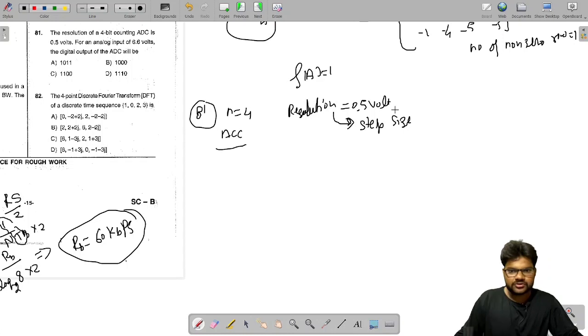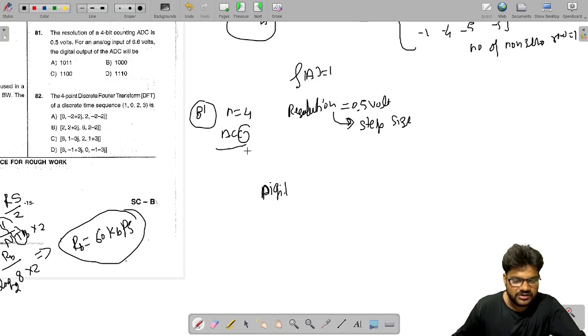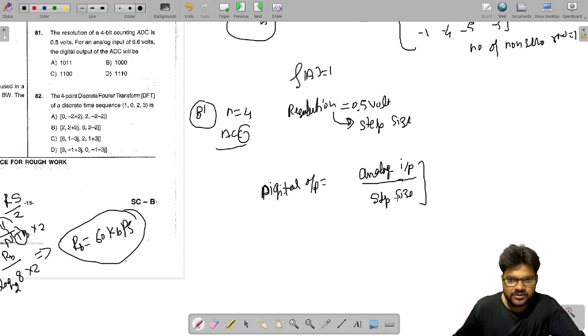From this, the digital output, and we know the formula for ADC, analog to digital converter. The digital output is the analog input divided by the step size. Okay, analog input divided by step size, and we are given the analog input is 6.6, and this is the least integer function.